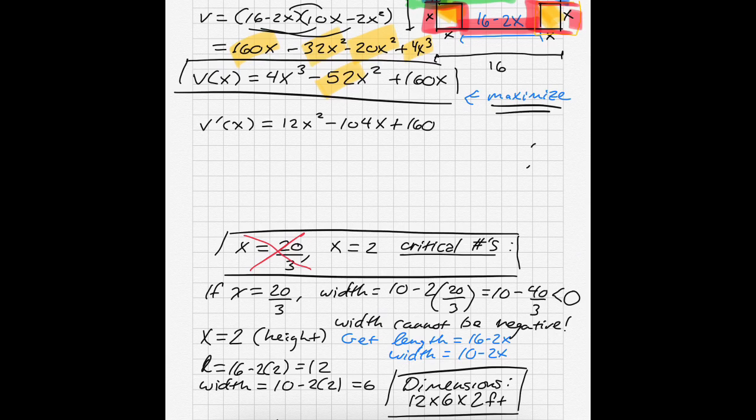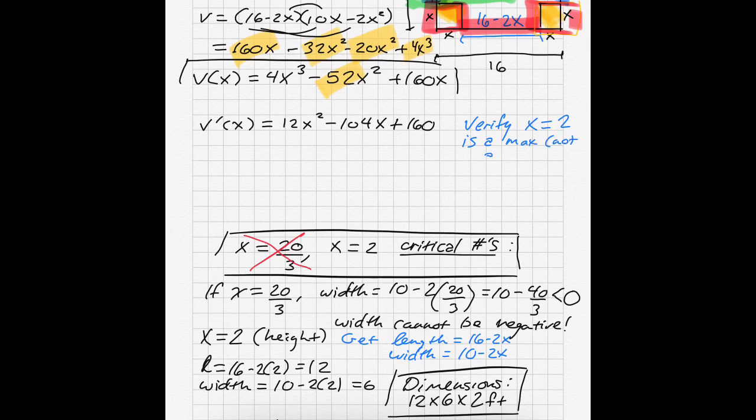So again, I was just going to show you one last step here. Remember our goal was to maximize. So let me just verify that x equals 2, our value, is a max and not a min, which is our suspicion anyway. I'm going to do that by finding the second derivative.